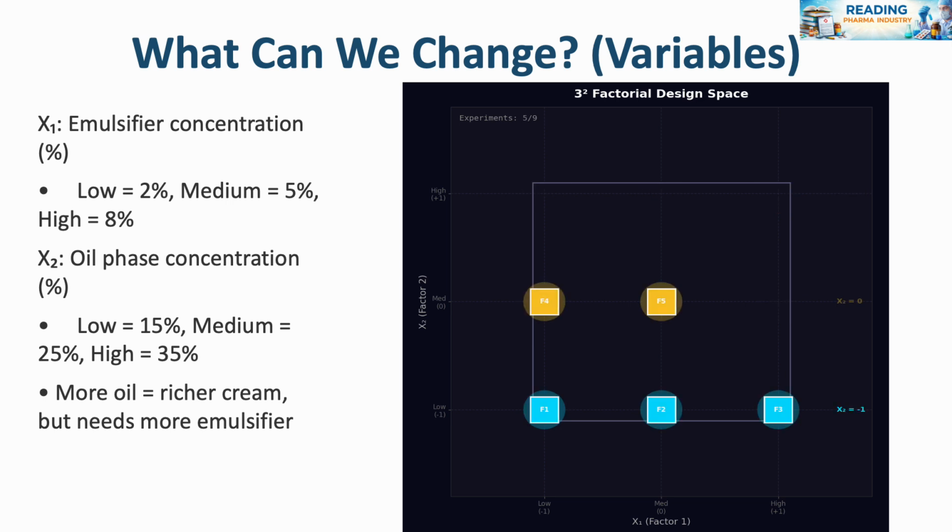And then just a reminder, this should have equal distances, as we stressed previously, to ensure we have a robust factorial design. More oil means a richer cream, but then you've got to have more emulsifier, because as we mentioned, they will coat the droplets and prevent instability problems.